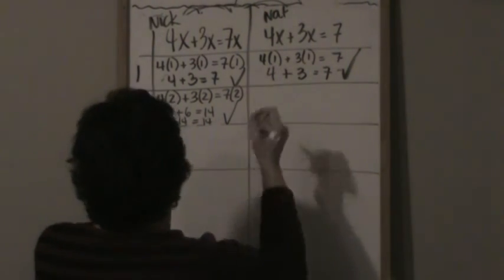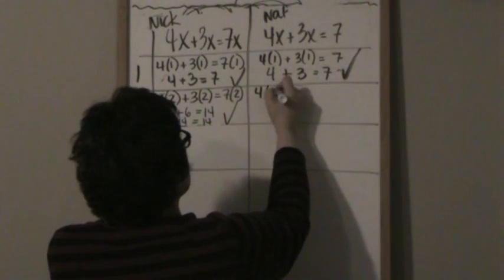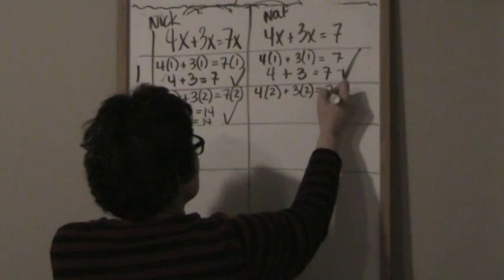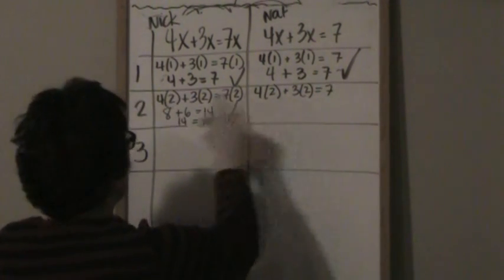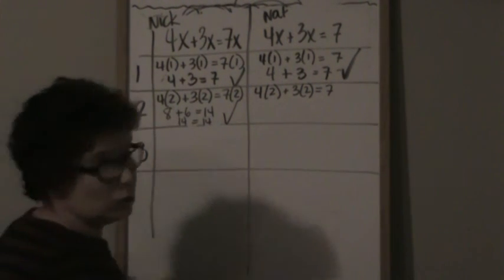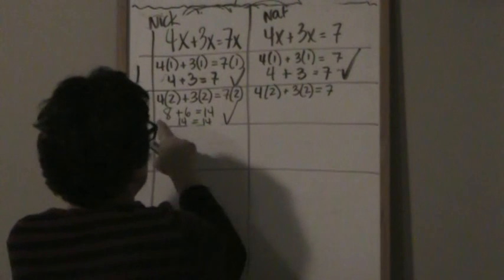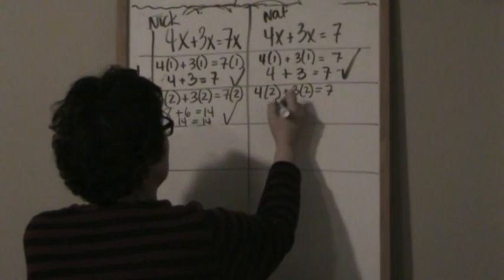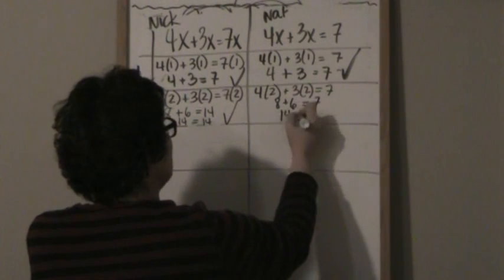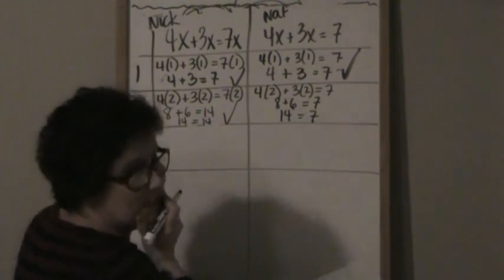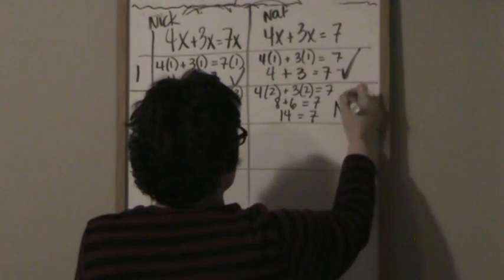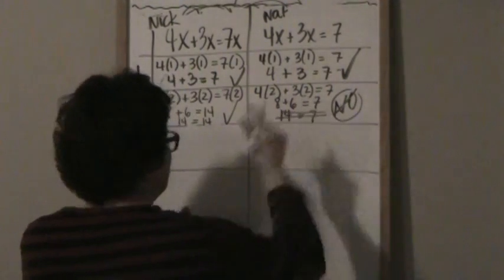Let's see if Natalie did. 4 times 2 plus 3 times 2 is equal to 7. Well, we can look over here and see what we did with the 4 times 2 plus 3 times 2 and do a little shortcutting and know that that's 8 plus 6 equals 7 and 14 equals 7. Uh-oh, Natalie's not right. Natalie got that one wrong. That's not right, Natalie.